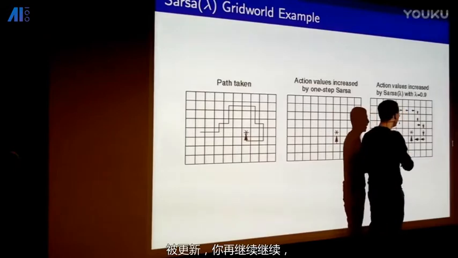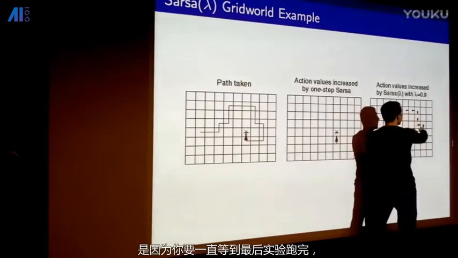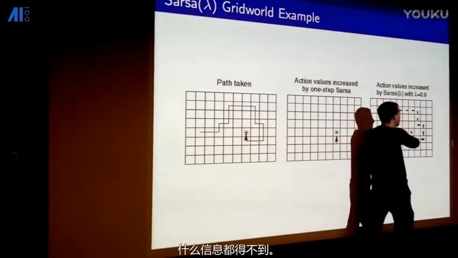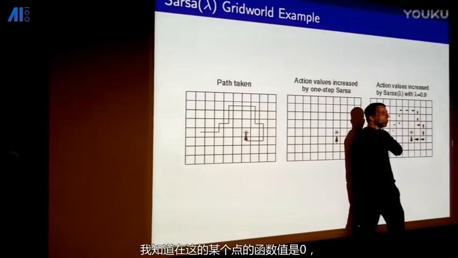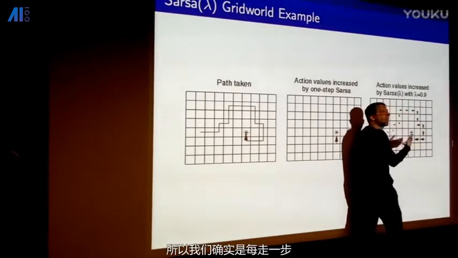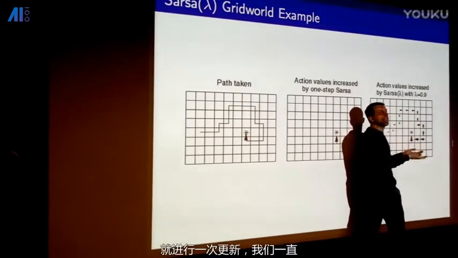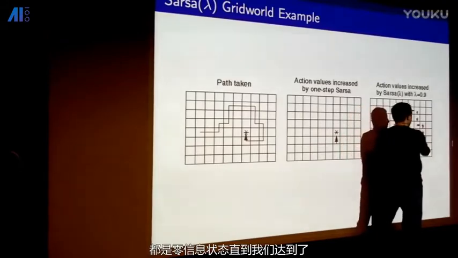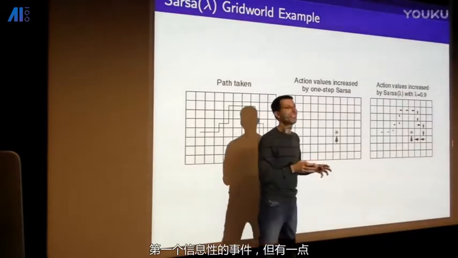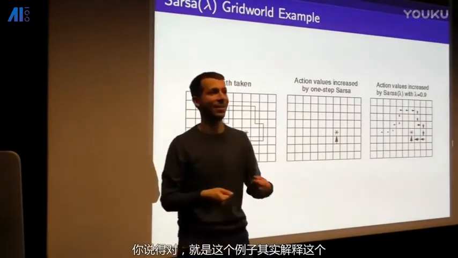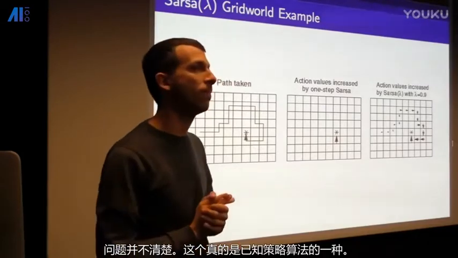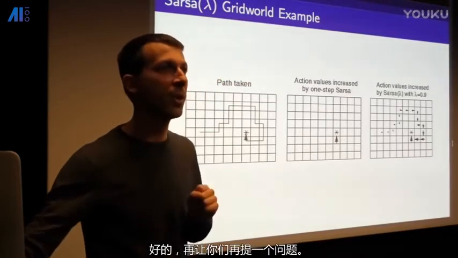So the fact that nothing happens isn't because we had to wait until the end, it's because we gained no information until this point. Until this point we thought the value was 0 everywhere, and we got 0. So we are making updates at every single step, it's just those updates contain 0 information until the first informative event. But you're right, it's not clear from this example that this is really a property of the online algorithm. Okay, there was one more question.